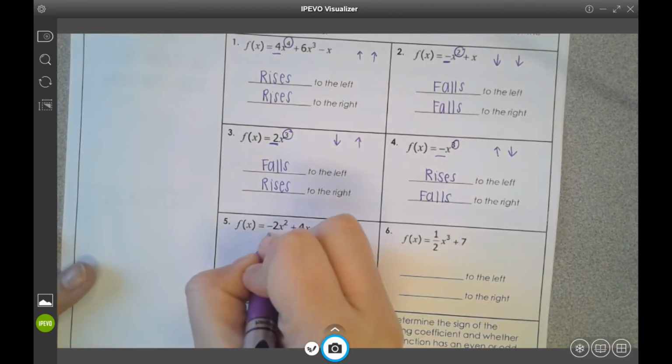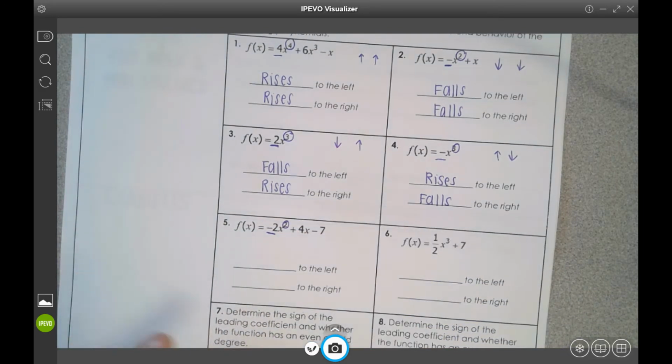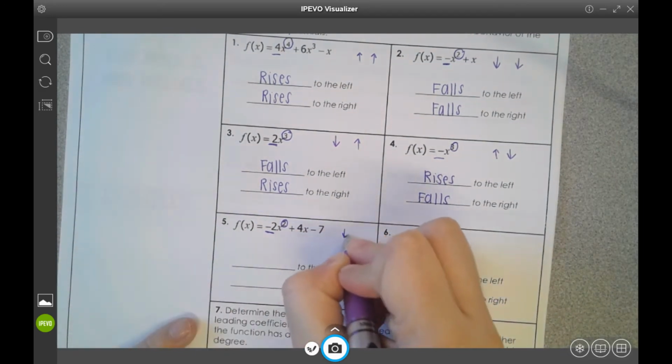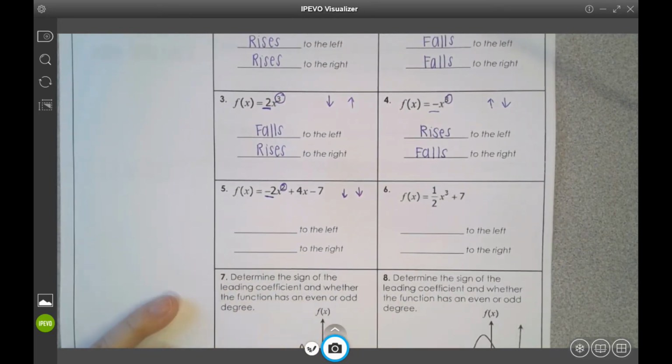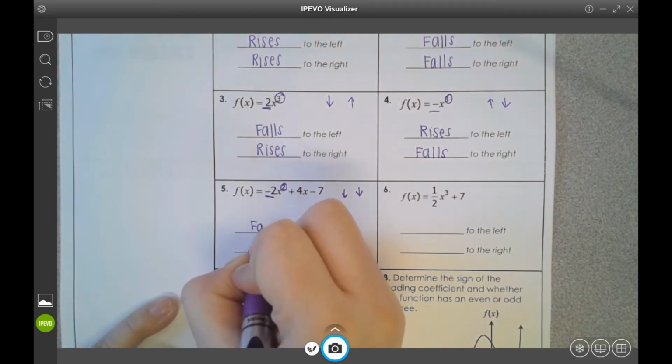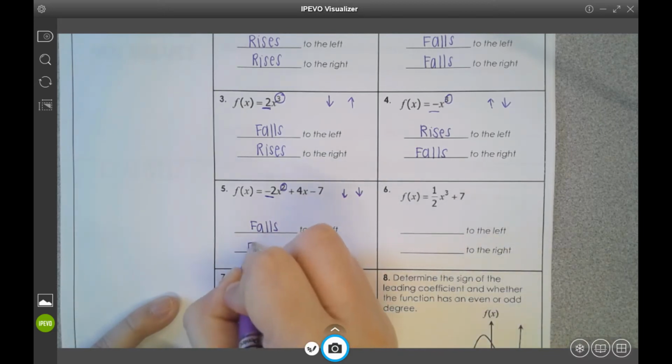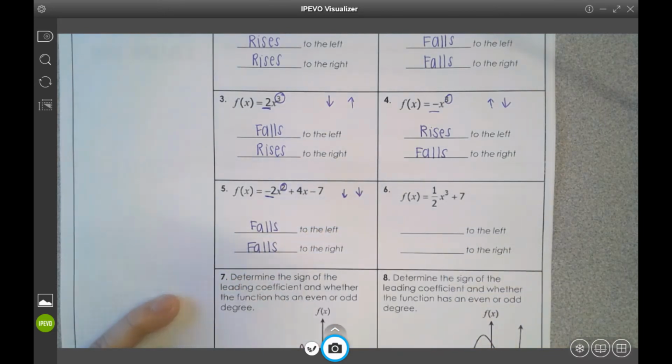Number 5, we have negative even. So those are both down if I look at my chart. So falls to the left, falls to the right.